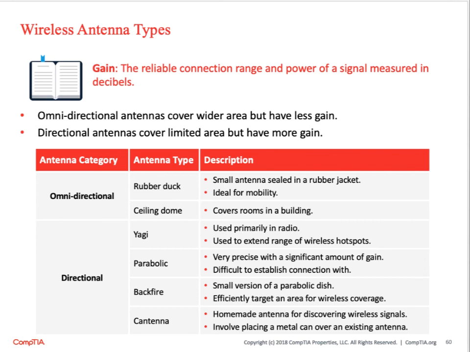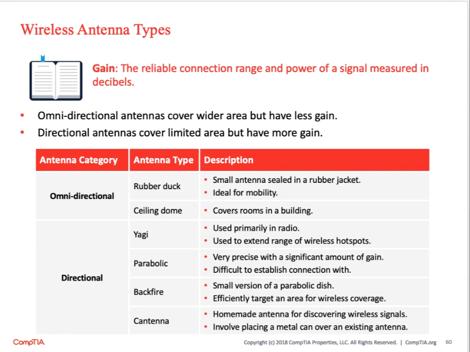According to these antenna types, we have specific antennas within each antenna category. A rubber duck is going to be a small omnidirectional antenna that's sealed inside of a rubber jacket, and this is typical of most omnidirectional antennas. These rubber ducks are going to have little gain. However, because of their small size, they're good for things like walkie talkies and two-way radios.